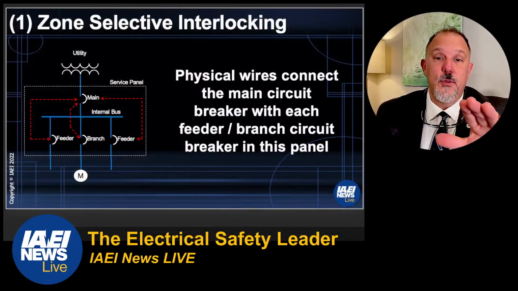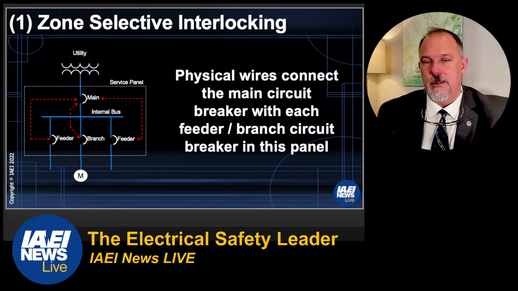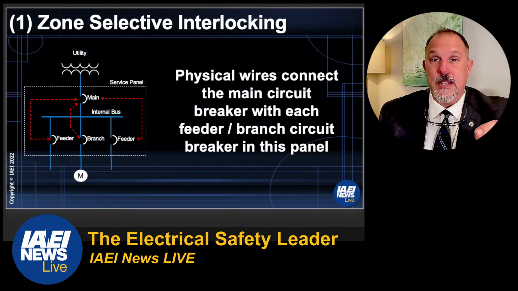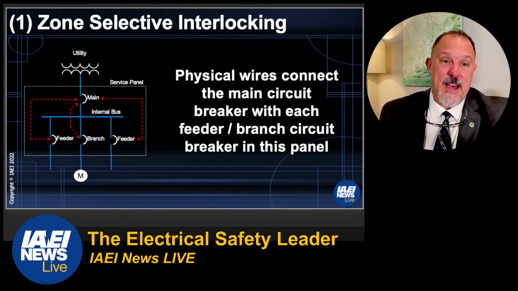So when you have a zone selective interlocking system and you tell that main overcurrent protective device to ignore its settings and trip without an intentional delay, for it to get to that point, it had to go through a thought process. And this is the thought process that occurs.